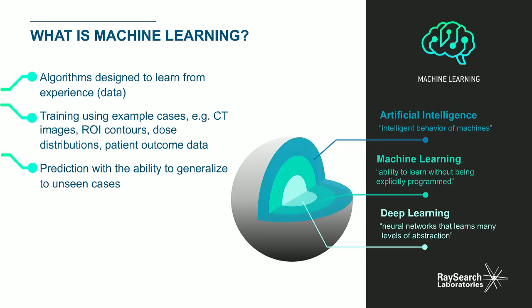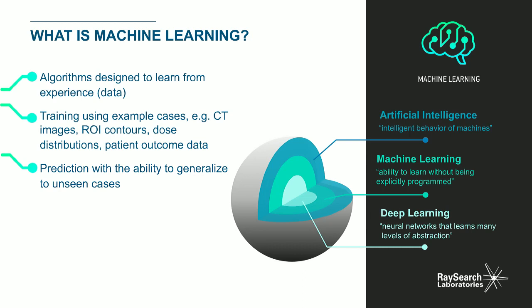Okay, so we go back and look at machine learning. What is machine learning? It's a very well-used word out there. It's quite hyped, you can say. But this is how we view machine learning. In a bigger setting, you can view AI, that's artificial intelligence, so that's intelligent behavior of machines.